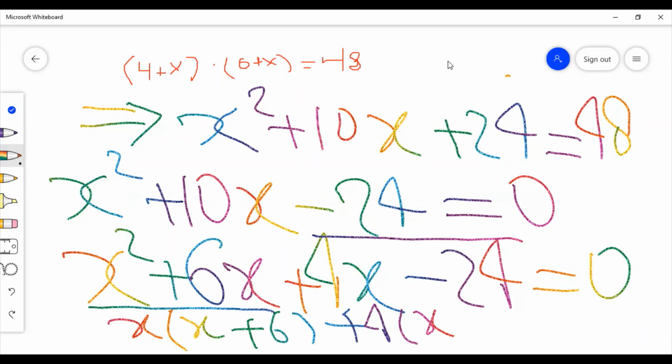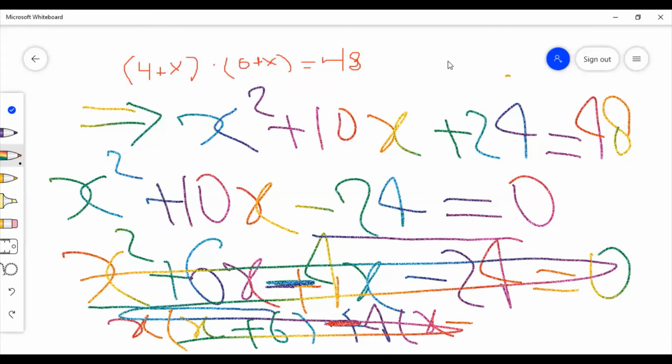There should be the negative sign over here. So minus 4, and now once again it's not working. This is the wrong step. We will have to rewrite this because the sign is not matching.